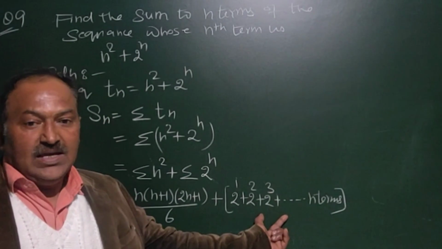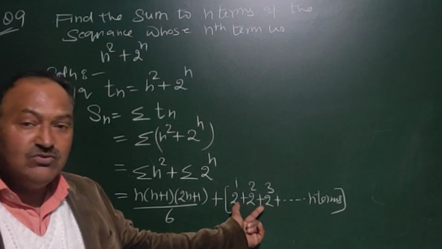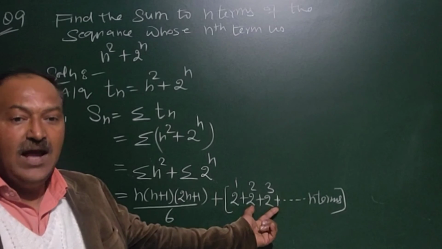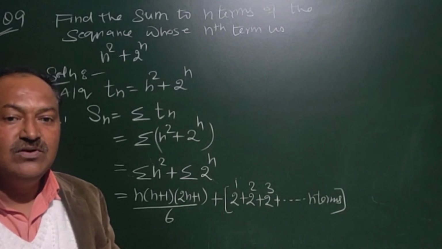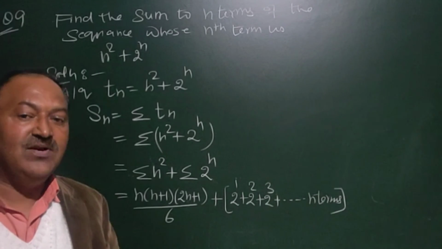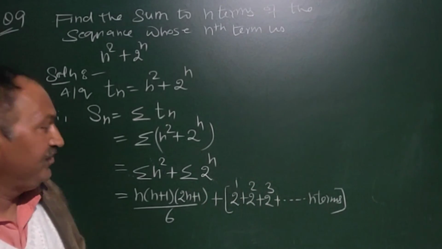It is a GP whose first term is 2 and common ratio is also 2. Hence we can find its value simply by applying the formula Sn is equal to A into r raised to power n minus 1 upon r minus 1, because r is 2 which is greater than 1.